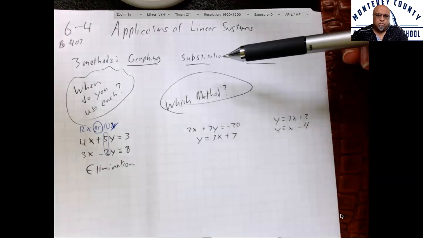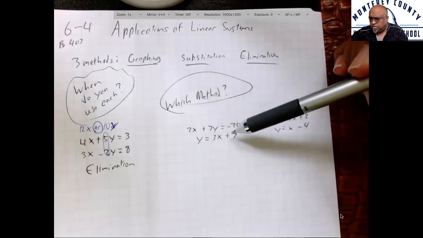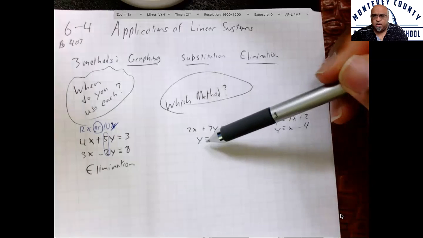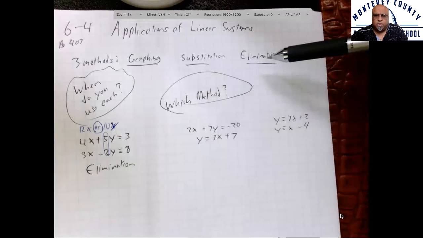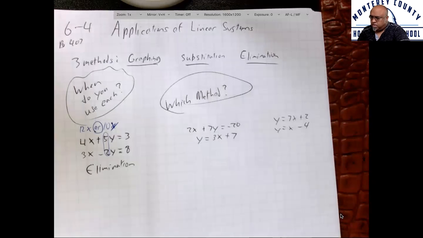Substitution would be if one of my variables is isolated or super easy to isolate. Well, in this case, y is isolated. So I'm not even going to go to the elimination method. I'm going to pick the substitution method.